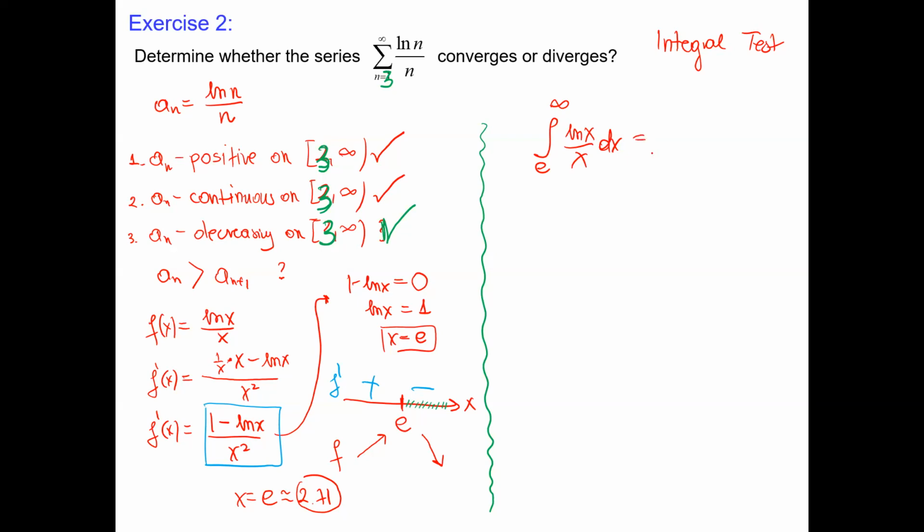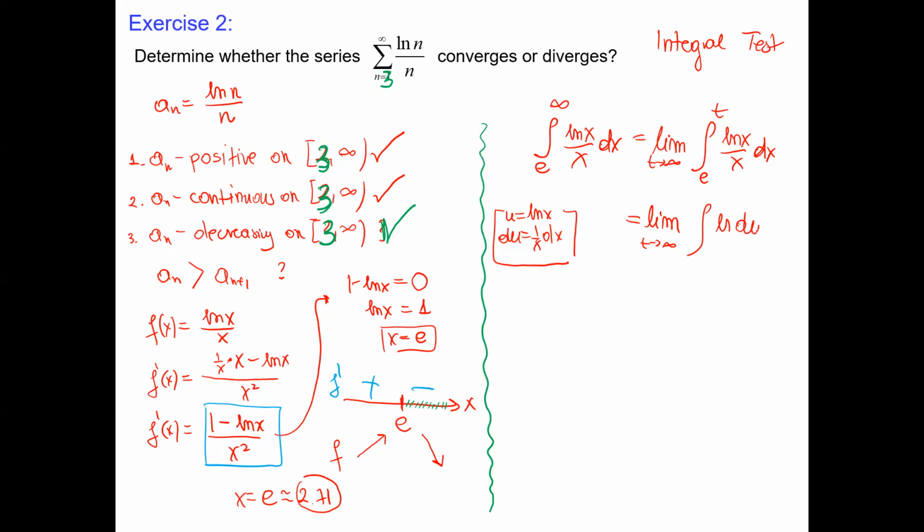We can use the u substitution. Let u be ln of x, then du is just 1 over x dx. It's sitting and waiting, 1 over x dx. That means it's just u du.